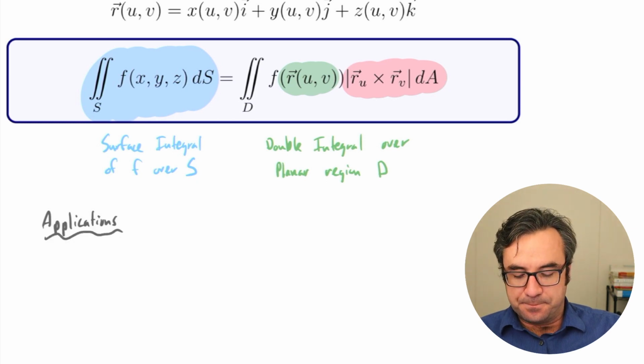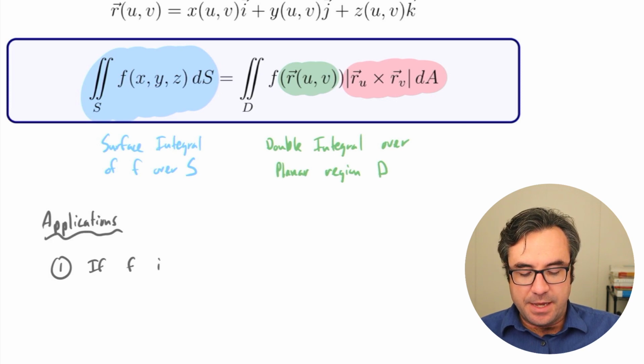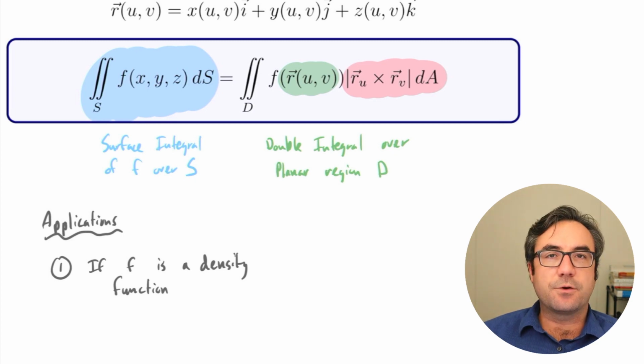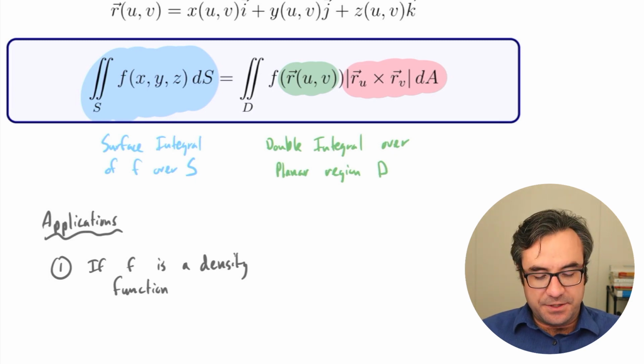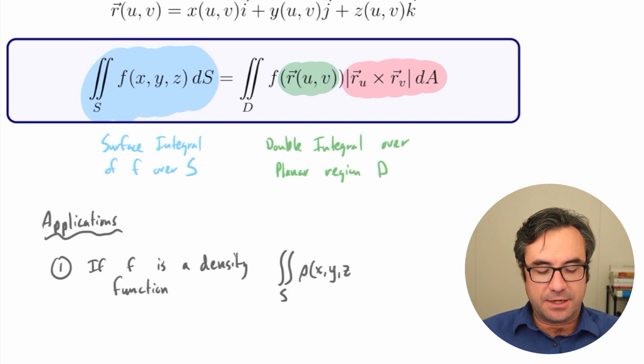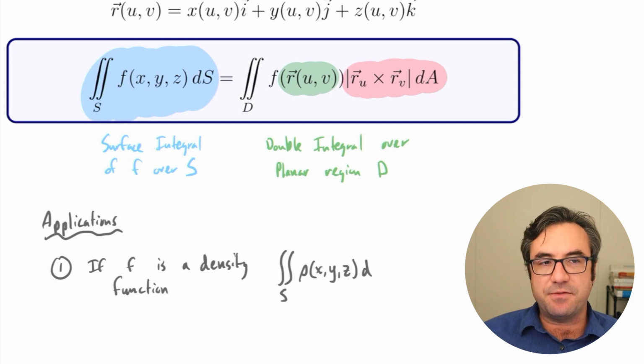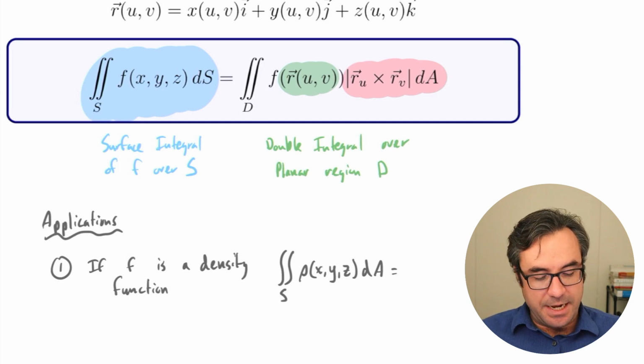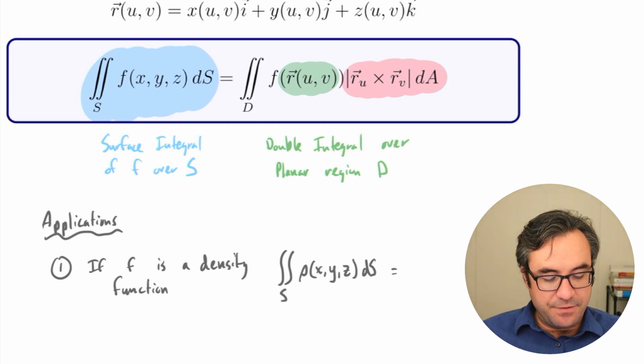So first one, if the function we're integrating is a density function, so let's say our function here was rho of x, y, z, some density function. This would give us, not dA, ds. This would give us the mass.